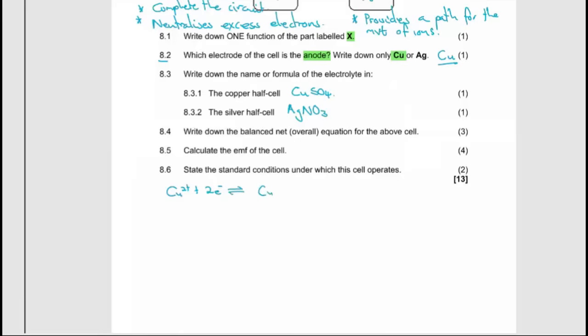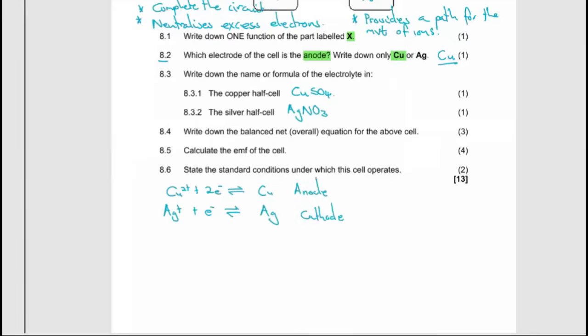Then my silver was Ag+ plus an electron, giving a reversible reaction of silver, Ag. According to this, we already said the copper one is going to be my anode, and this one is going to be my cathode.